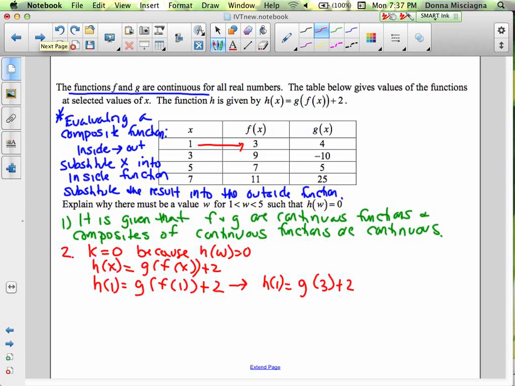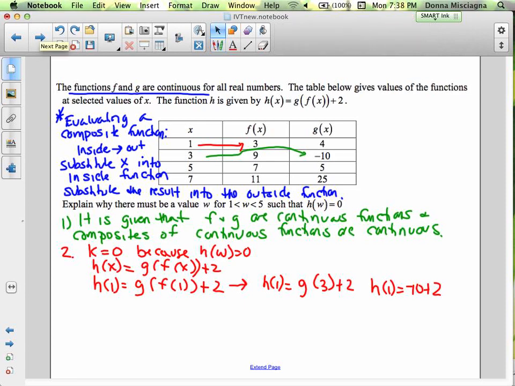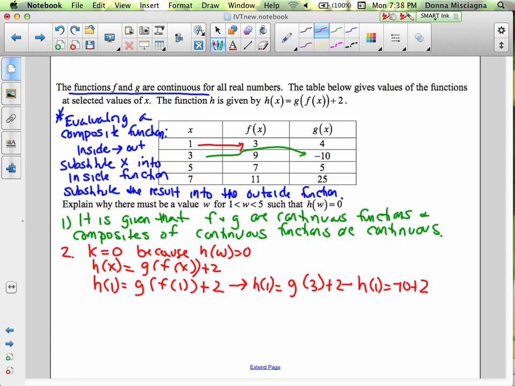What's g of 3? So g of 3 is right there, negative 10. So h of 1 is negative 10 plus 2, and therefore h of 1 equals negative 8.